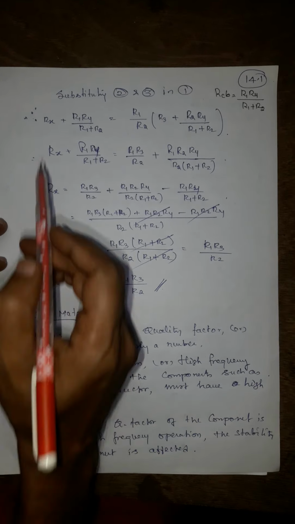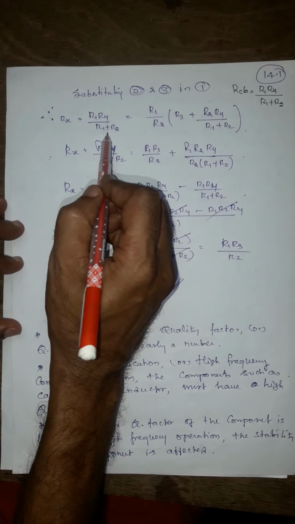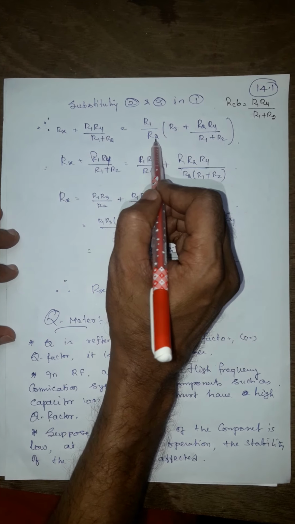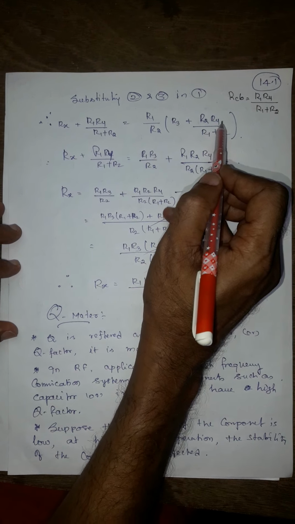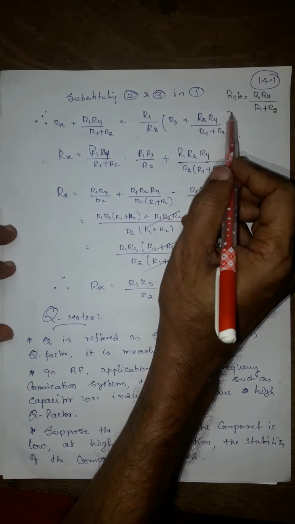Finally, we get Rx plus R1 Ry divided by R1 plus R2 equals R1 divided by R2 into R3 plus R2 Ry divided by R1 plus R2.